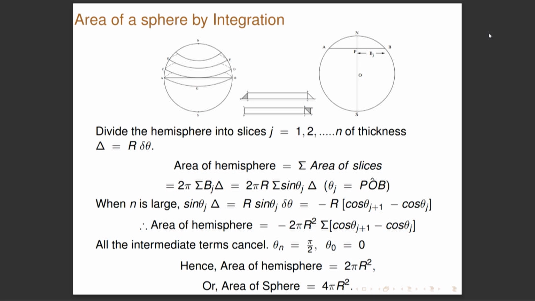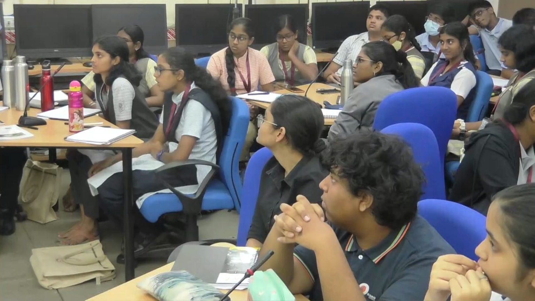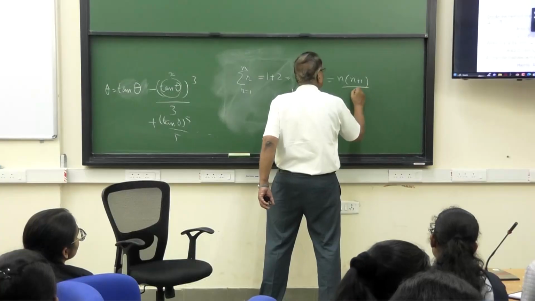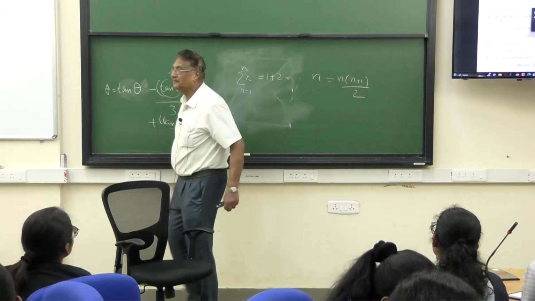Okay, so you can write it as sigma r for r equal to 1 to n, right? So this is n into n plus 1 by 2. This is called the first sum.